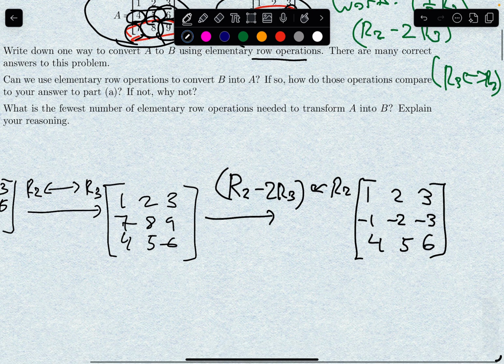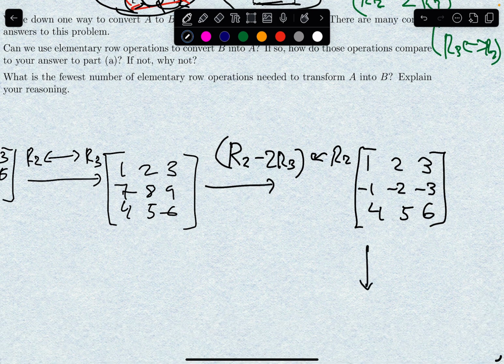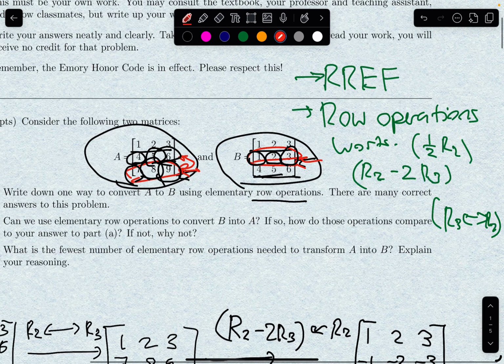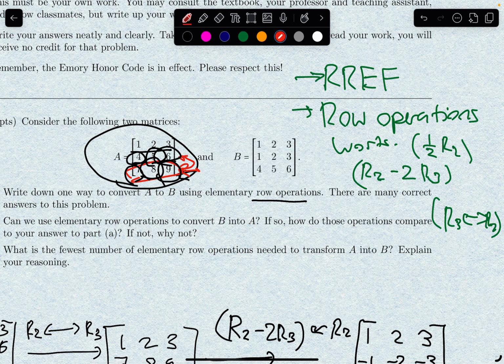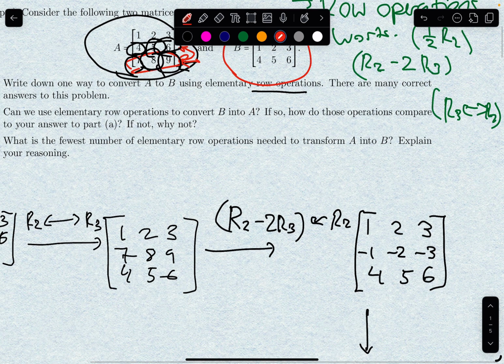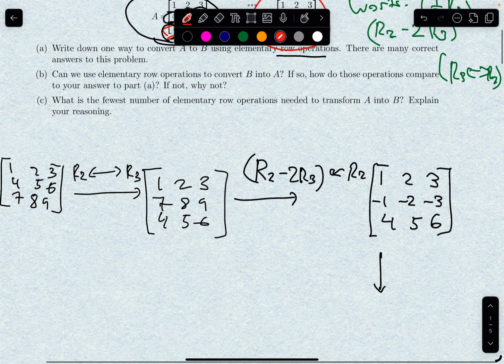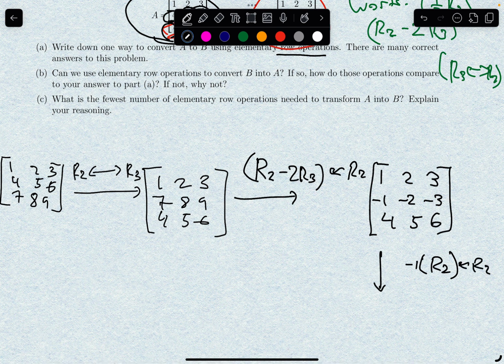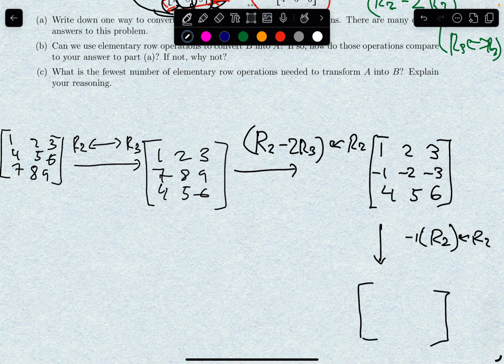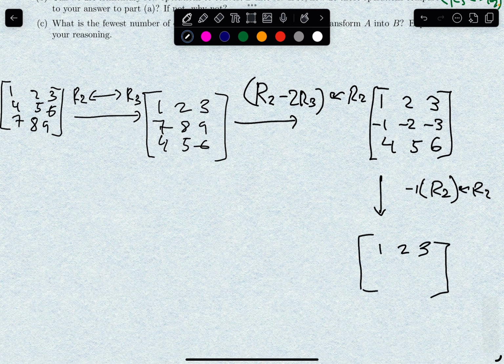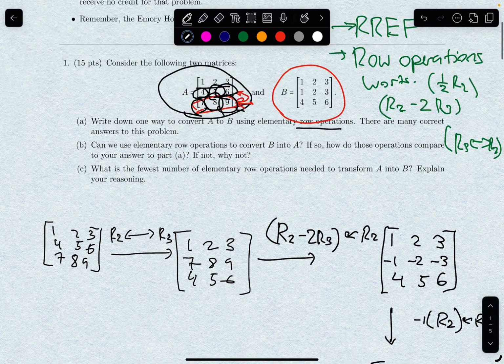And that's beautiful because the last thing to do to match our goal matrix is literally multiplying R2 by that negative. So it's going to be -1 times our R2, and that's going to be our new R2. And we're done. That'll be 1, 2, 3, 4, 5, 6. Done. And you see that matches exactly what we have up here.